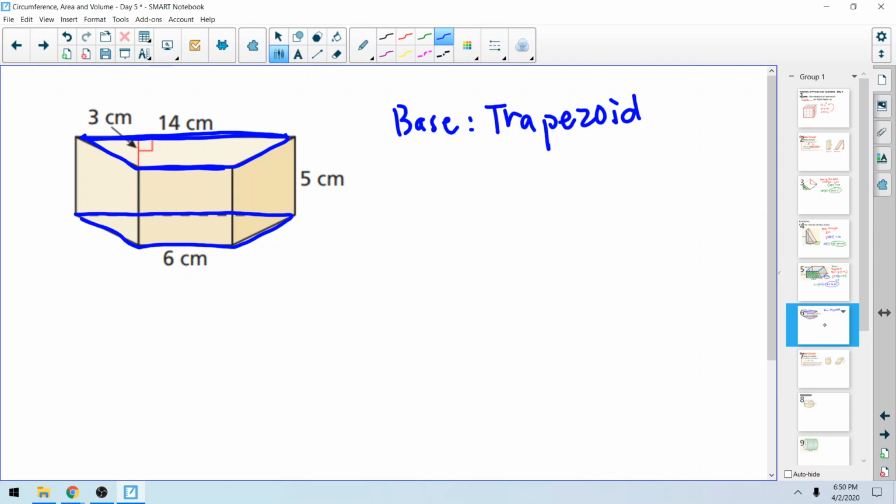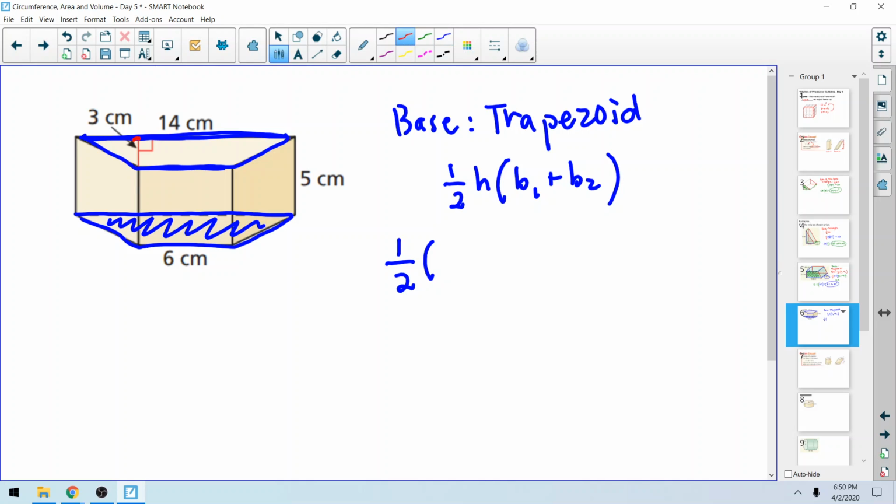So the area of the base is 1/2 times the height times base 1 plus base 2. The height of the trapezoid is 3, and it goes from the top of the trapezoid to the bottom. Times base 1 plus base 2.